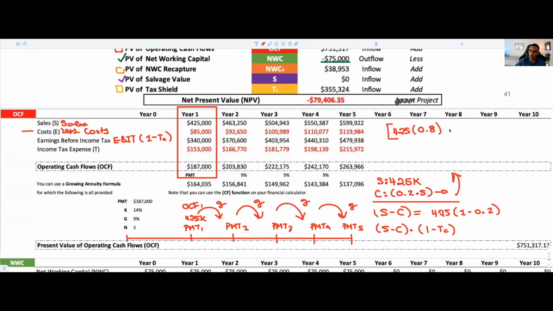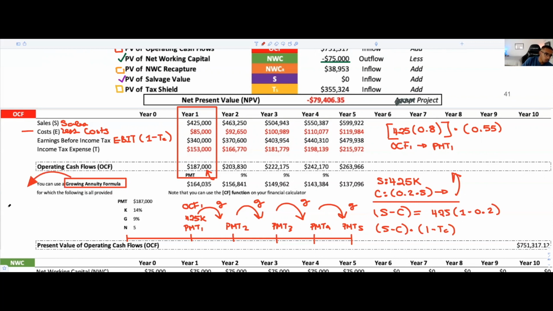That amount is going to be multiplied by 0.55, and that's going to give you $187,000. That will be OCF1, or in other words, payment 1. Once you have that, you can plug it into your formula, which I'm going to highlight right here.